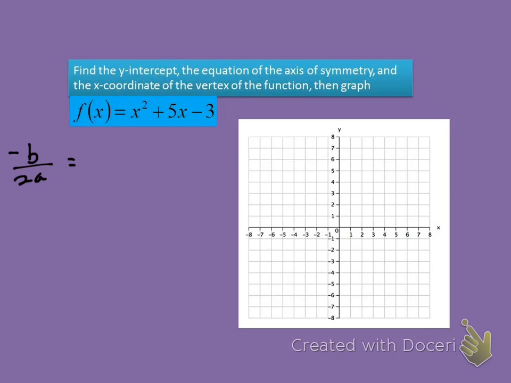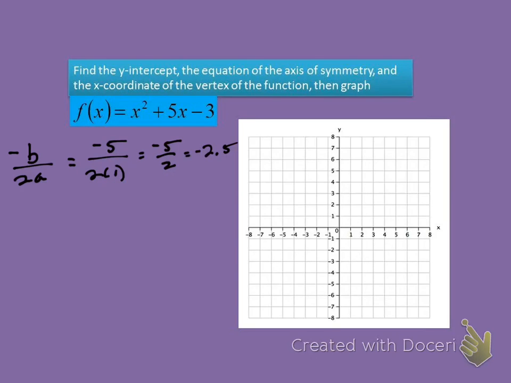So b in this case is 5, so negative 5 over 2 times 1, which gives you negative 5 halves. This might be a case where you might be better off with decimals, just so you don't have to think about what negative 5 halves actually is on a number line. So you do negative 5 divided by 2 real quick, and it's negative 2.5.